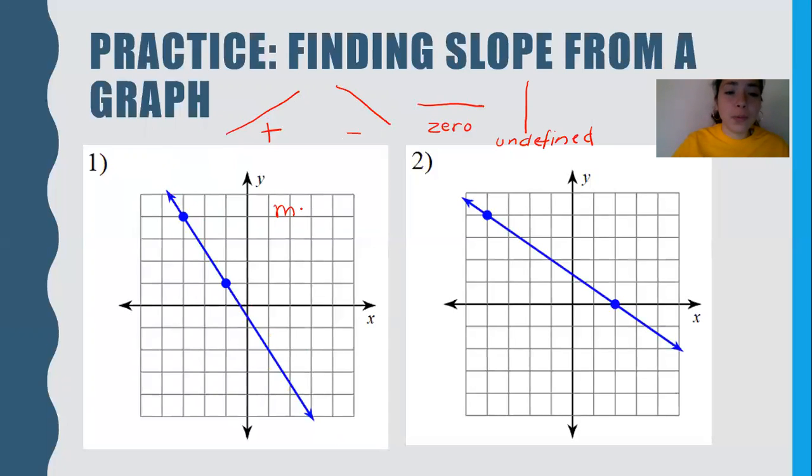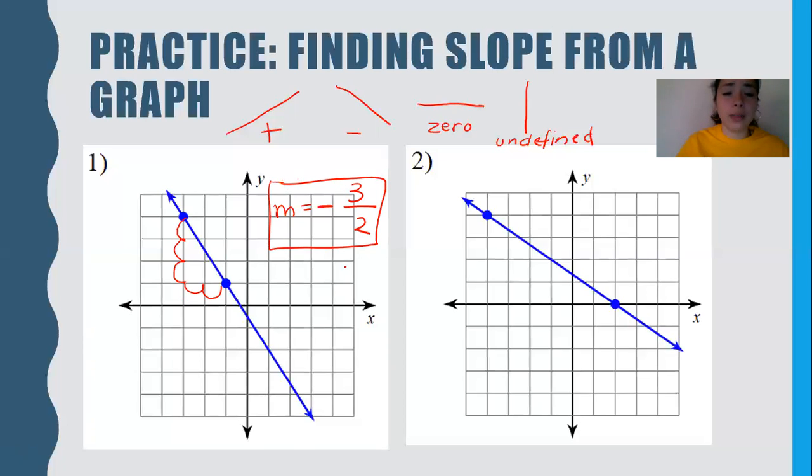So my slope, and m means slope, is negative. Do rise over run. I look at my points. It's going down how many spaces? 1, 2, 3. Like if it's an elevator, it goes down 3 floors. And then how many steps do you take? 1, 2. And that's how you find your slope. This is kind of easy.